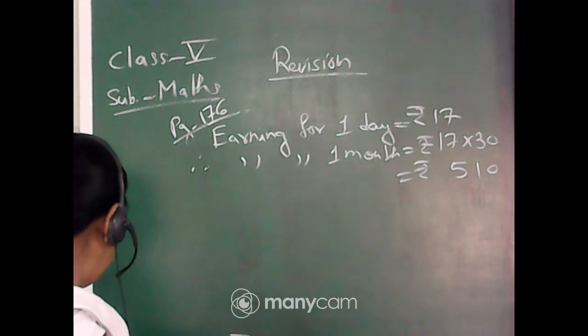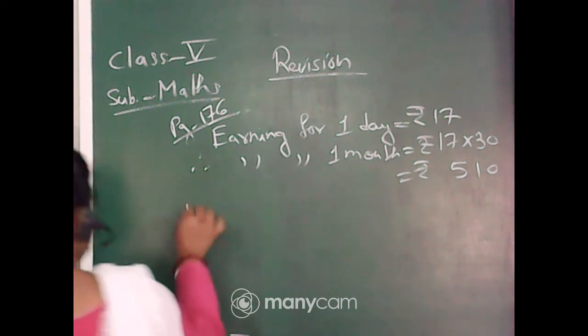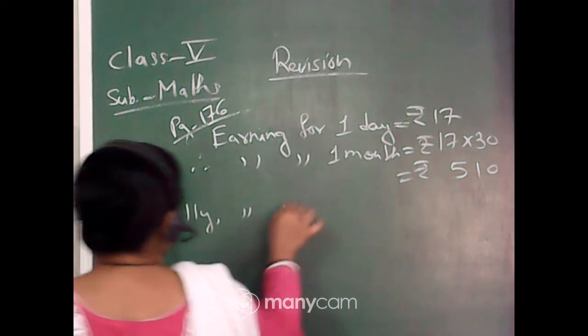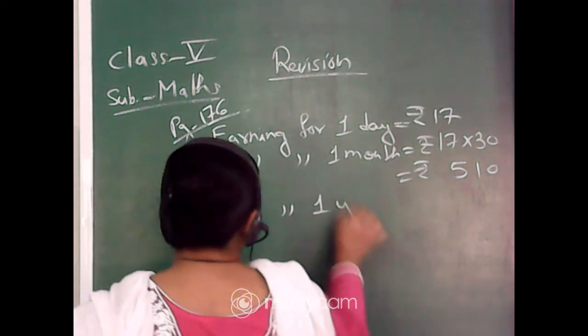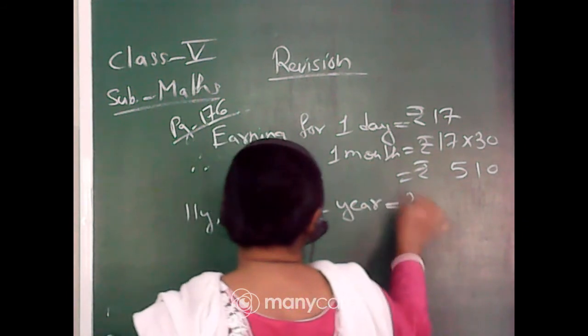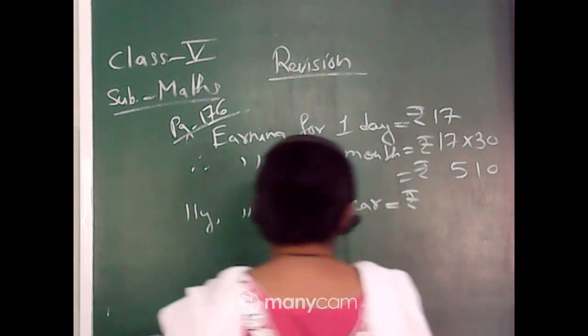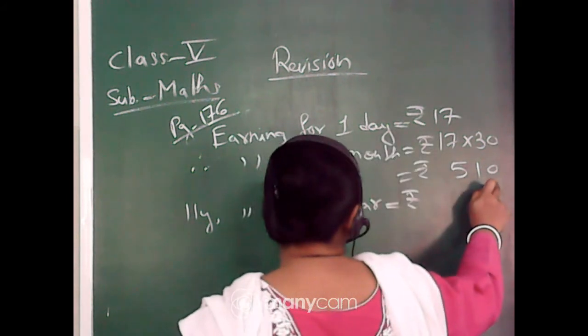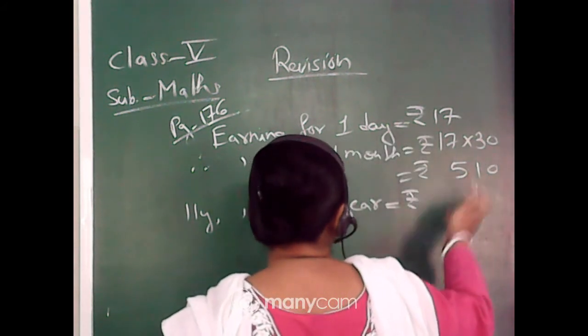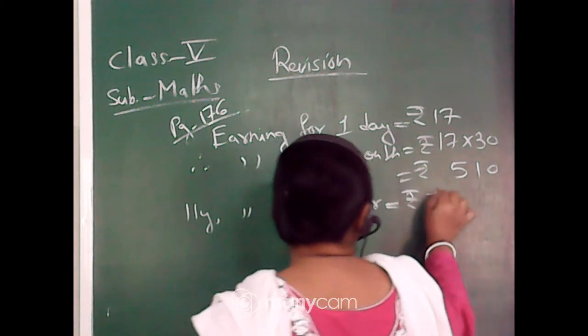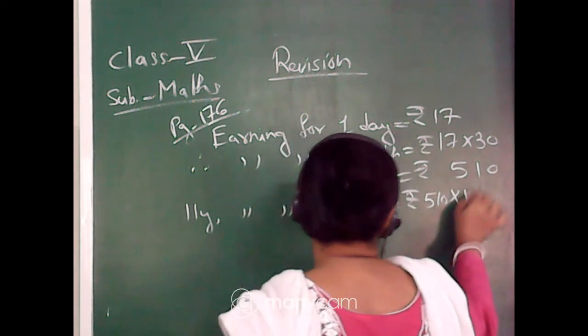Now how much will he earn in 1 year? Similarly, earning for 1 year. For 1 year you have to multiply this with 12, because in 1 month this is the amount. So for 12 months it will be multiplied by 12.